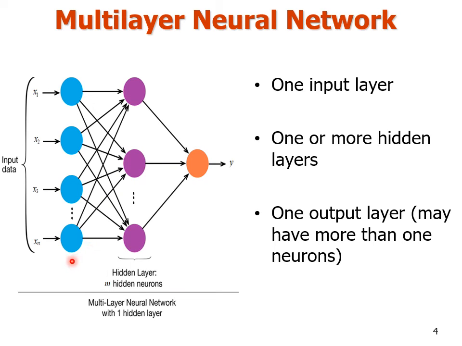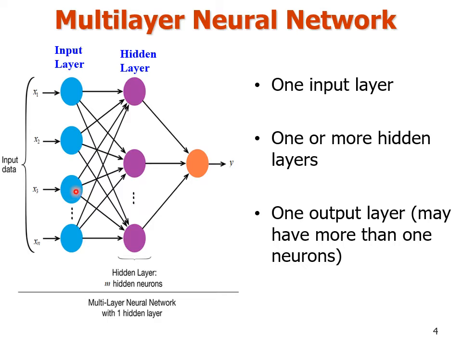So, as you can see in this figure, we are having the inputs x1, x2, x3 up to xn. So, these inputs actually are denoting our input layer. Now, this input layer is connected with the hidden layer. So, in the hidden layer we are having m number of hidden neurons. Every node in the input layer gets connected with the hidden layer neurons.